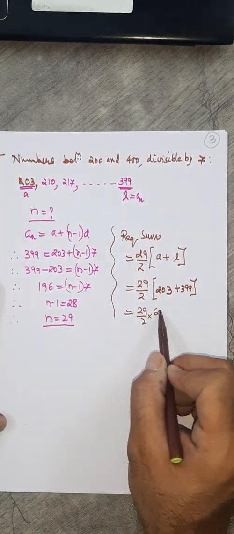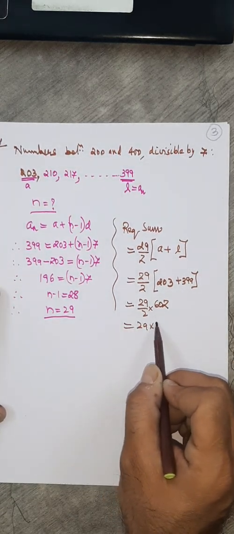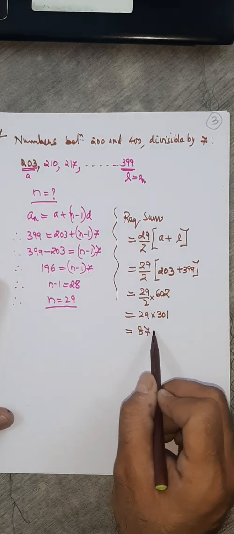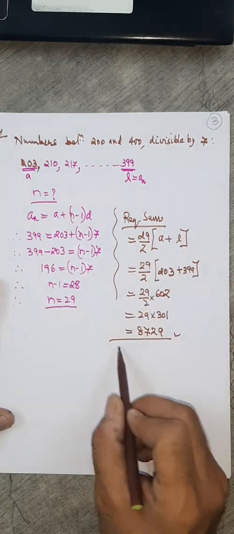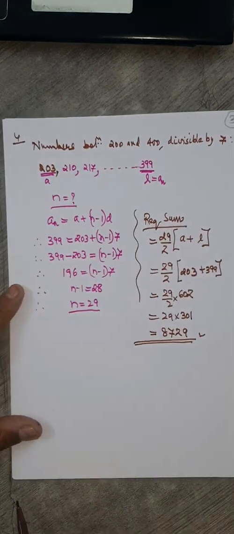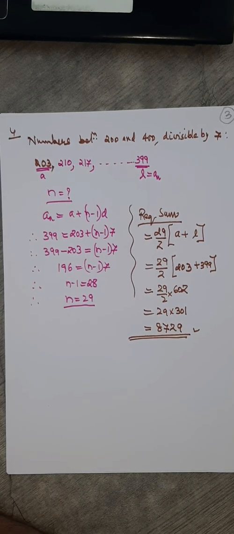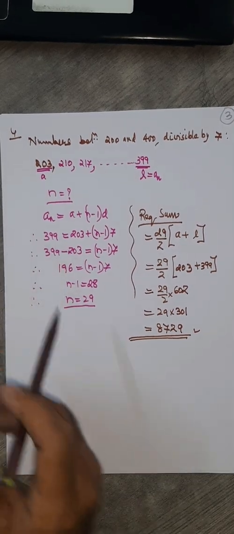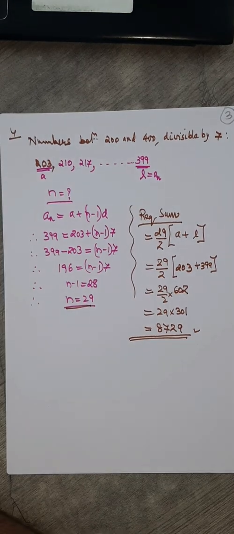We know 602. So 29 into 301, and therefore if you just multiply, we'll get 8729. Required summation. That's the sum of all the numbers between these two which are divisible by 7. You have formed the AP, and then you have counted how many terms are there within this formula. So there are 29 terms, and then we have used the Sn formula.